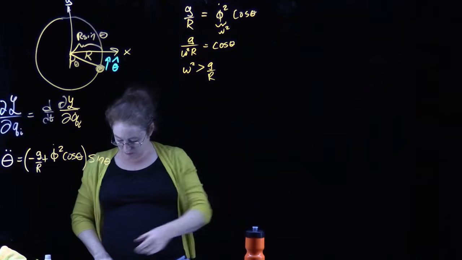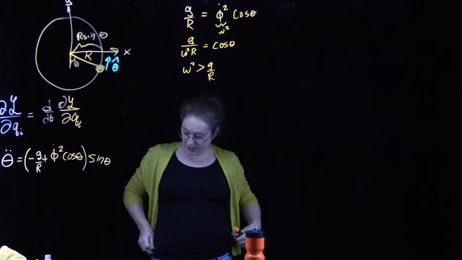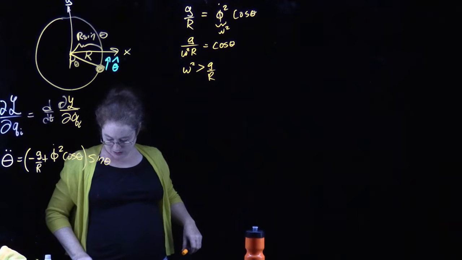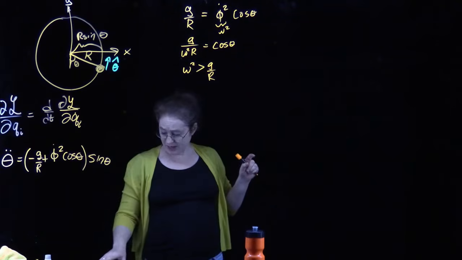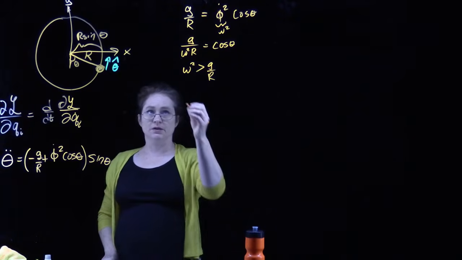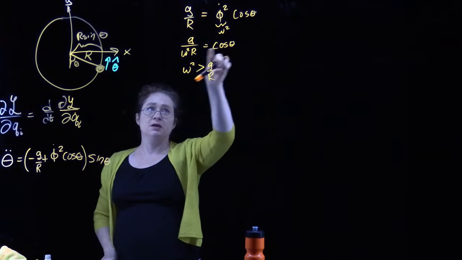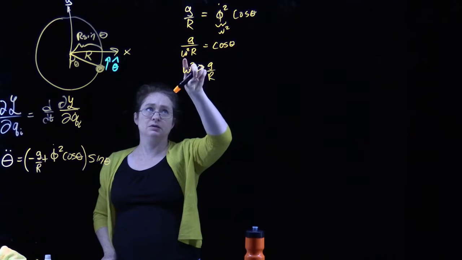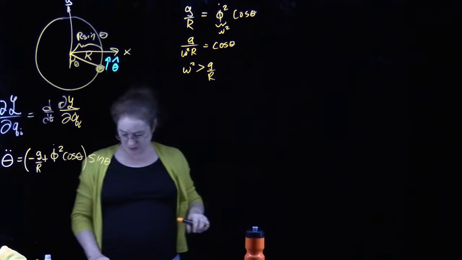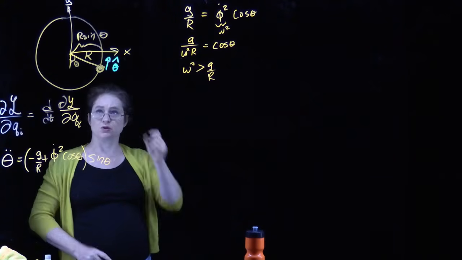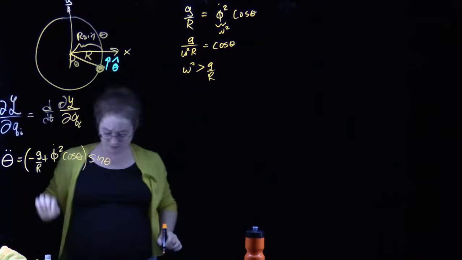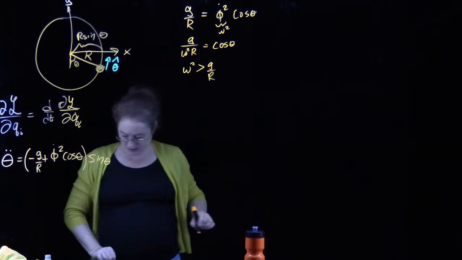And then we can look at what happens if we want to look at small theta, so you're going slow. The slower you're going, the larger cosine theta, so the smaller theta is. So you can get equilibrium positions where they're slightly off center, but not as far out as 90 degrees.